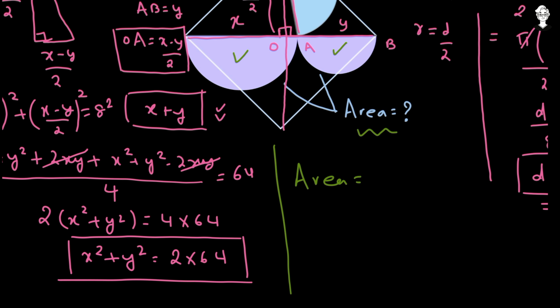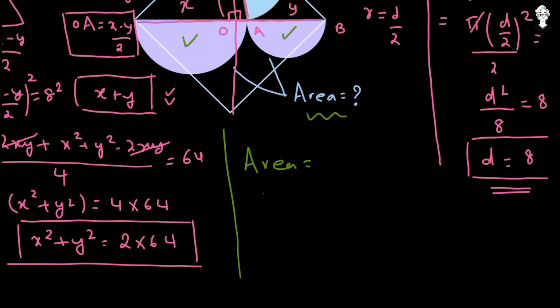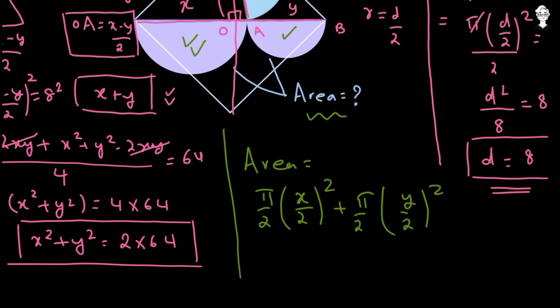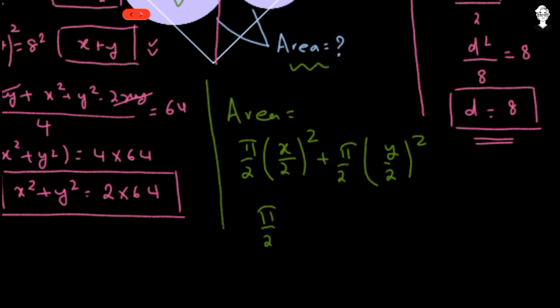So the combined area is equal to, now the formula for the area of the semicircle is pi upon 2 times the radius square. Radius is equal to diameter upon 2. The diameter for this bigger semicircle is x, therefore (x upon 2) the complete square is the radius square, plus pi by 2 times the radius of the second semicircle, that is (y upon 2) the complete square. So I can take pi by 2 common. Inside the bracket I will get (x square plus y square) upon 4.